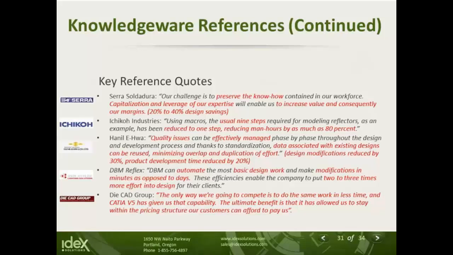Another one, to automate basic design work, modifications in minutes as opposed to days. I think the last quote really sums up the state of what any company wants in the current economy. The only way we're going to compete is to do the same work in less time, and CATIA V5 has given us that capability. The ultimate benefit is that it has allowed us to stay within the pricing structure our customers can afford to pay us. And I think if anybody could be assured of that, of course, that's a very, very good thing these days.